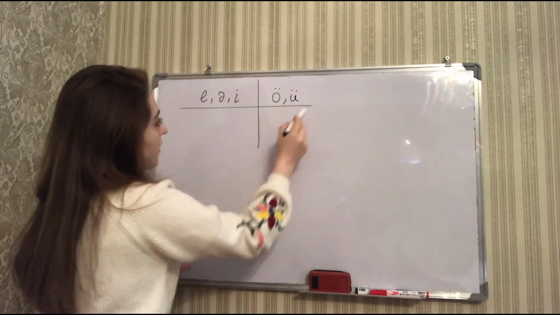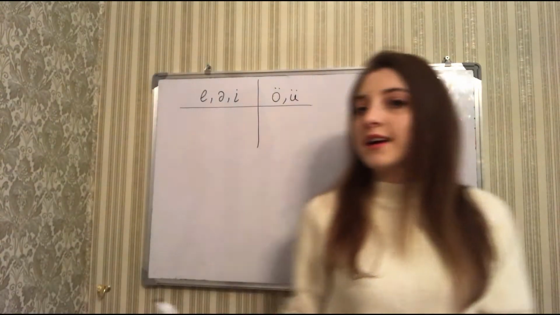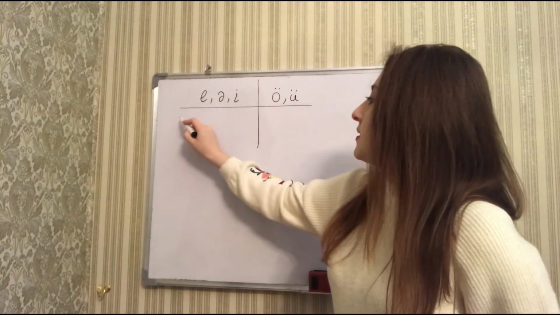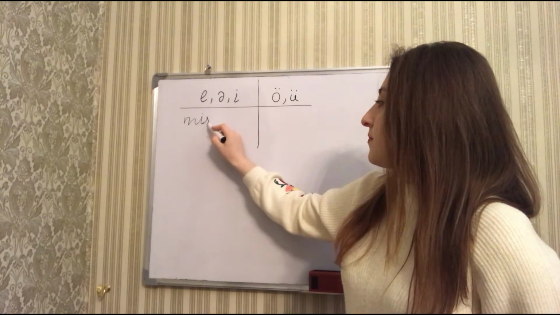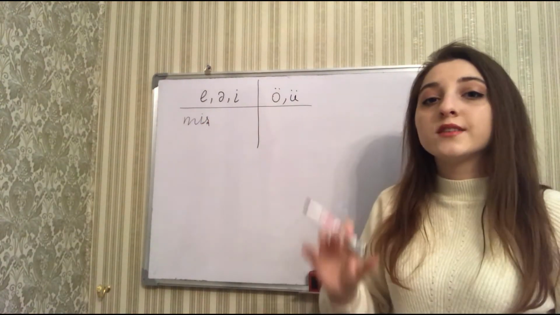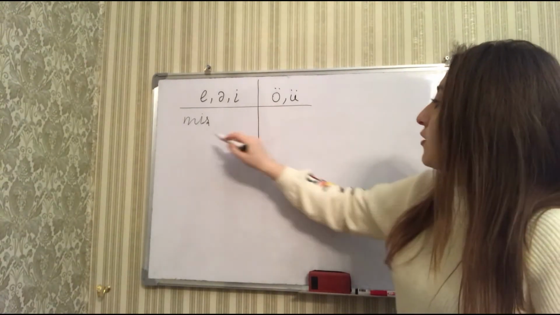Okay. If our word has e, i sounds, we must add miş. Or if we have ö and ü sounds, also dü.